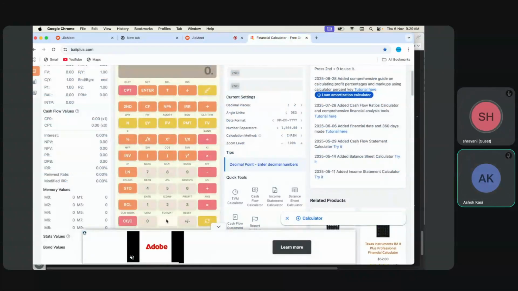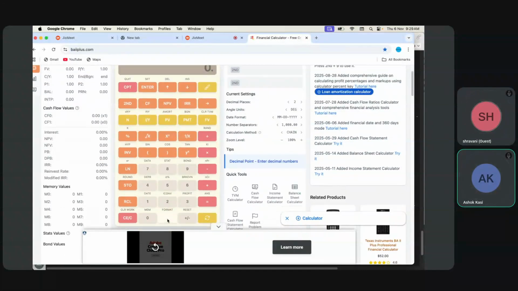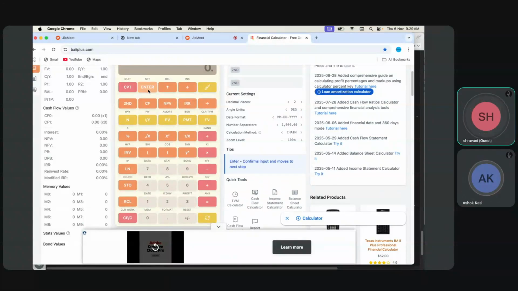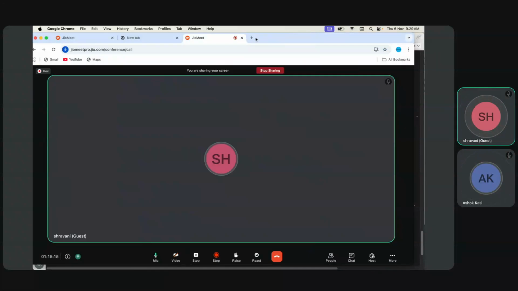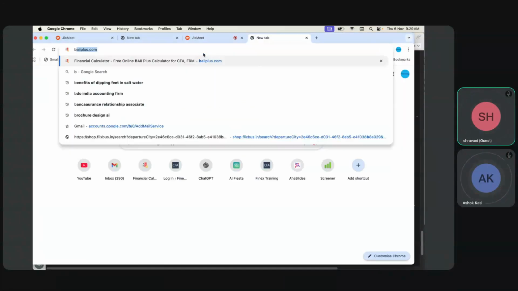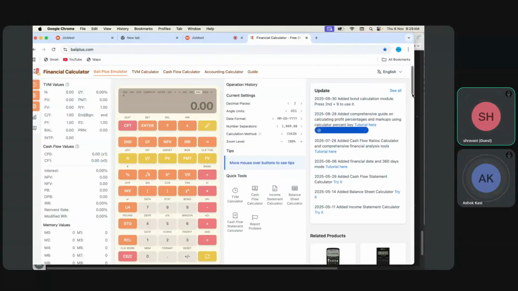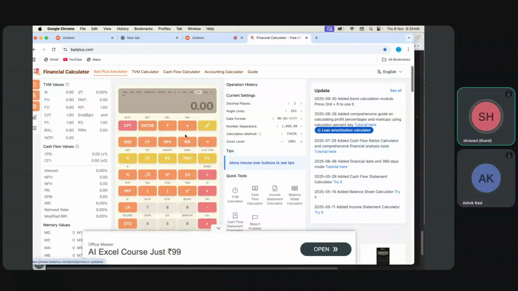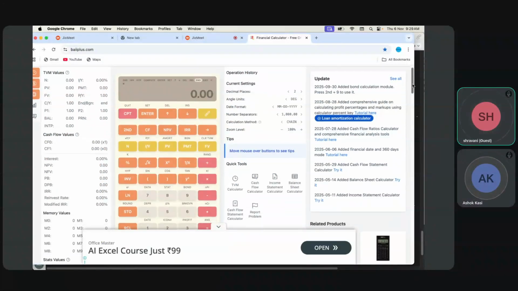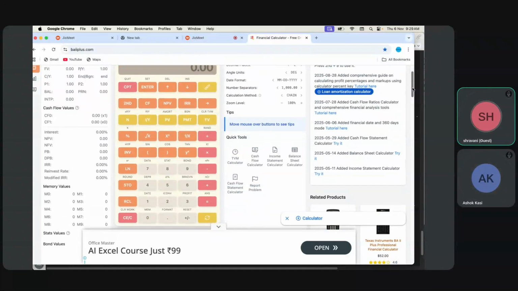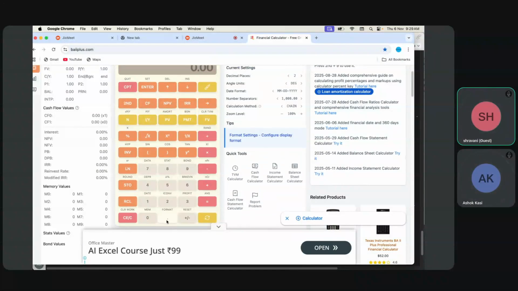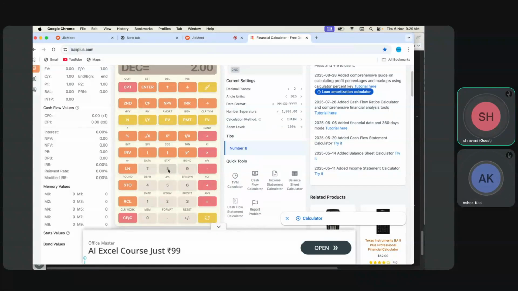Second format, eight decimal I want, enter.